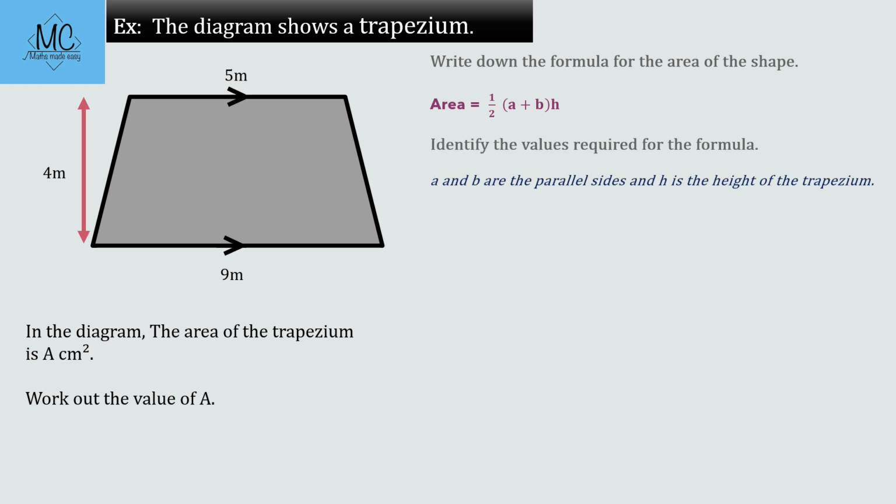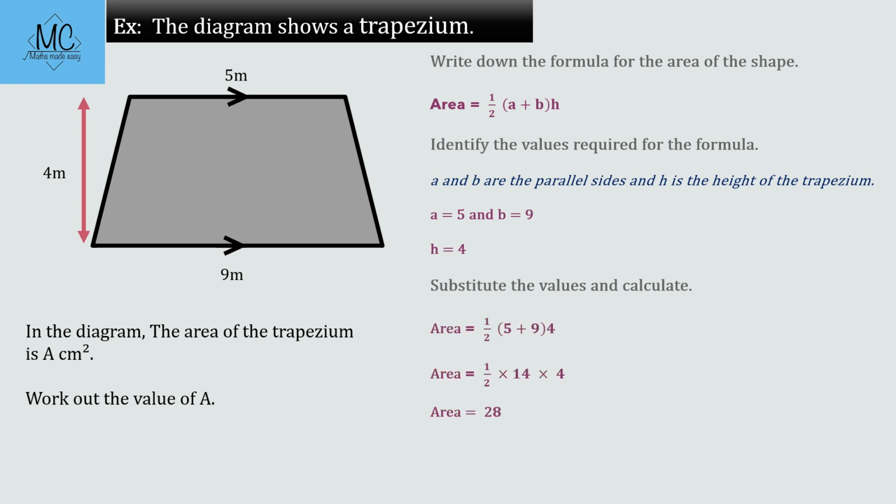So a and b are the parallel sides and h is the height for the trapezium. So it means a is equal to 5 and b is equal to 9. So we have to add them. Okay, and the height is 4. So substitute these values and calculate this, which will be like this. So my answer will be 28 meter square.